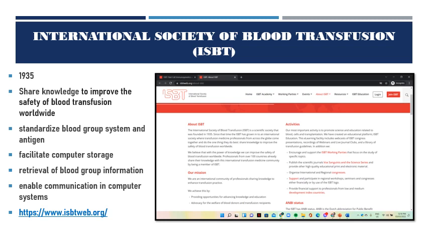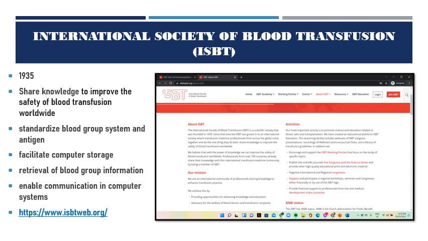ISBT made the numeric terminology for the blood group systems not to replace the traditional name, but to facilitate computer storage, easier retrieval of blood group information, and enable communication in computer systems.